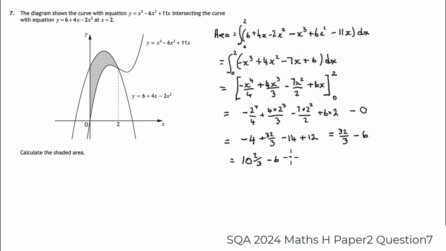I'm going to take the 6 away from the 10 to get 4 and 2 thirds. Or another way of writing that would be 14 thirds. Either way is acceptable. But this is an area, so the units are, wherever they are, squared. So 14 over 3 units squared for that area.